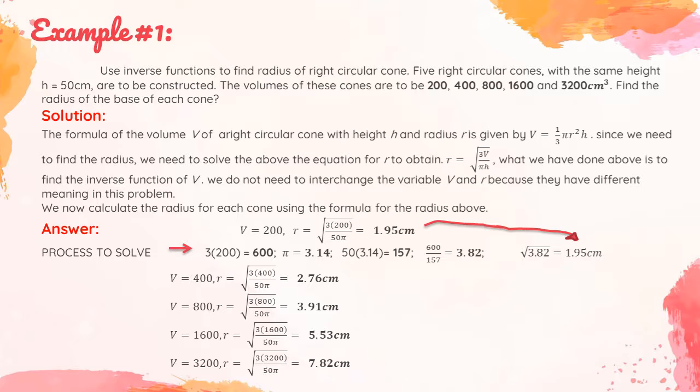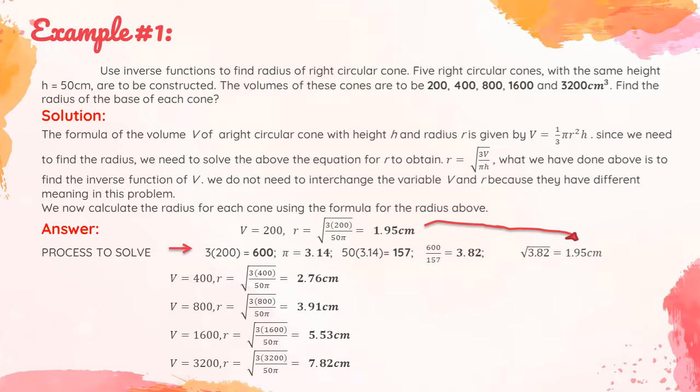Since we need to find the radius, we need to solve the above equation for r to obtain r equal square root of 3V over pi h.